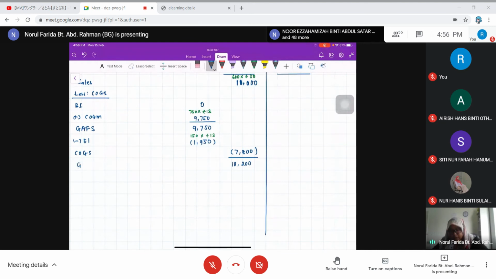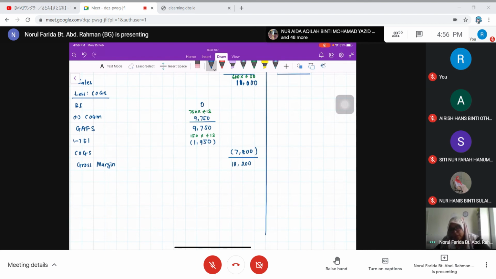This one is your gross margin. Because this is absorption costing, it is called gross margin. Variable costing later will be called contribution margin.